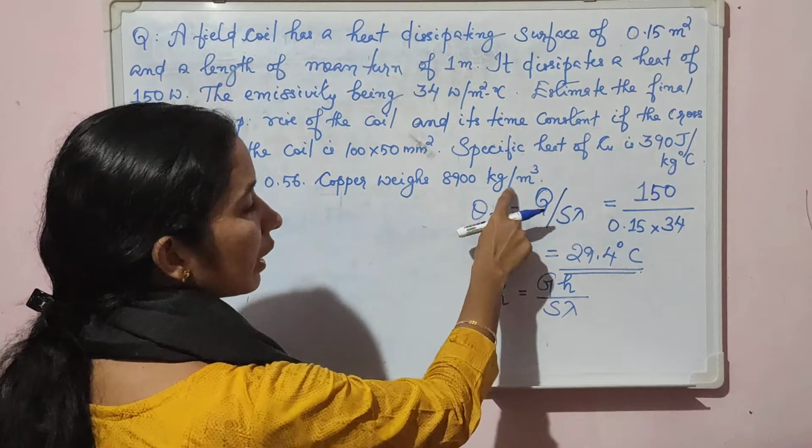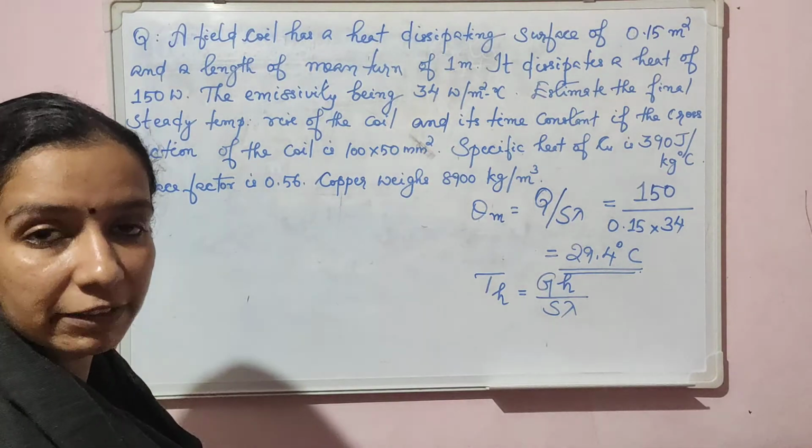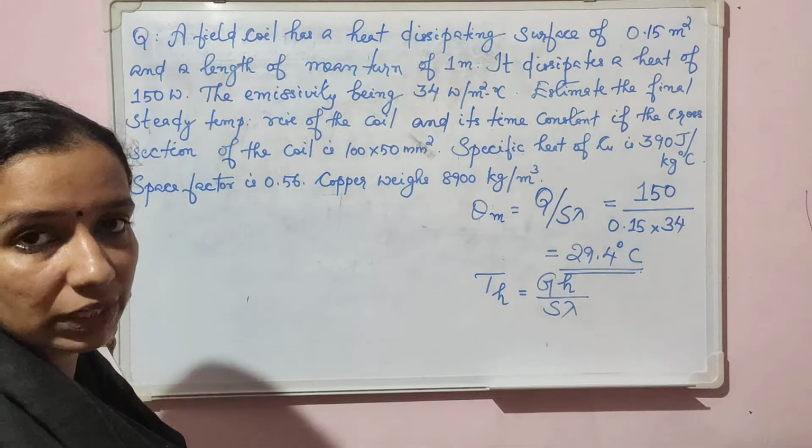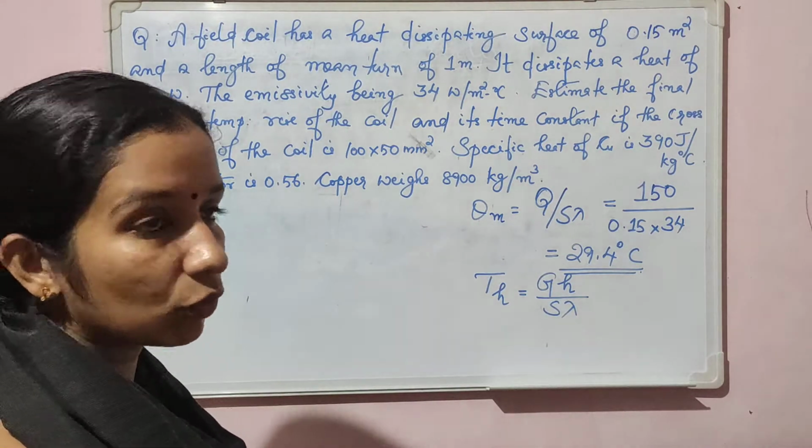It is given in kilogram per meter cube. So in order to get the weight in kilogram, we have to multiply this by the volume of the coil. So let us calculate the volume.